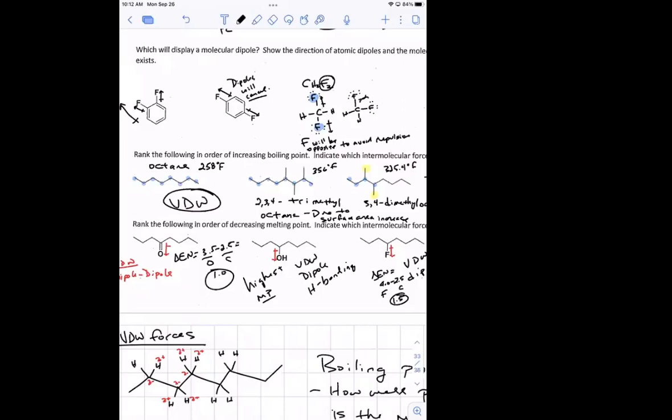Can we make that assumption? Yes. So from that assumption, can we say that it is going to have a slightly higher melting point than a ketone, based on the strength of that dipole-dipole interaction?